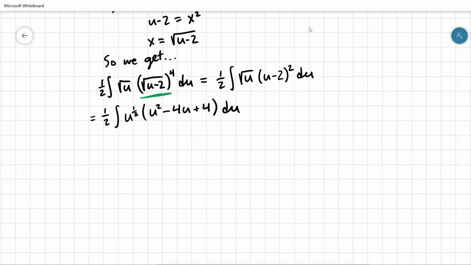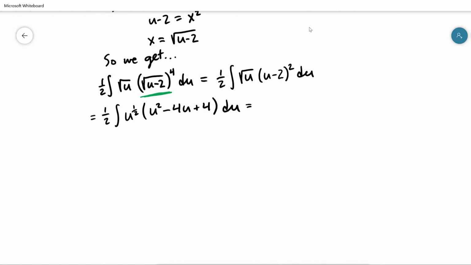And distributing that u to the 1/2 through, I'll get 1/2 times the integral of u to the 1/2 times the u squared will be u to the 5/2. Then from that I'll do minus 4u to the 3/2 and plus 4u to the 1/2 du. There's everything all FOILed out together.